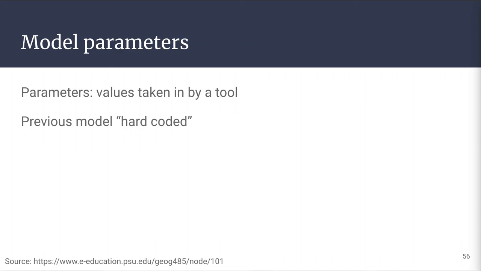So in the case of the model we just looked at, if you want to be able to use it with other data within a tool, rather than changing the model itself, you can establish which inputs should be model parameters. So in that model, if we want to look at a larger area, we'd want to establish buffer distance for each of the inputs, so the roads and cities, as model parameters.